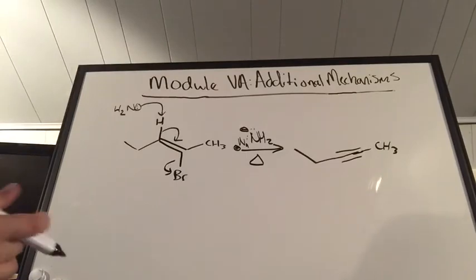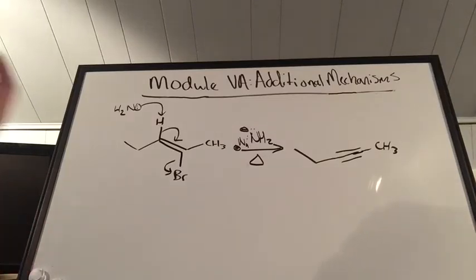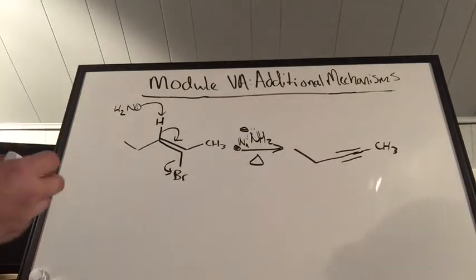terminal. One of the things you want to pay attention to is the equivalence of NH2. So NH2 is going to be a very strong base. If you have it in more than one equivalent, that means if you have a dihalide, you can actually prepare an alkyne that way.